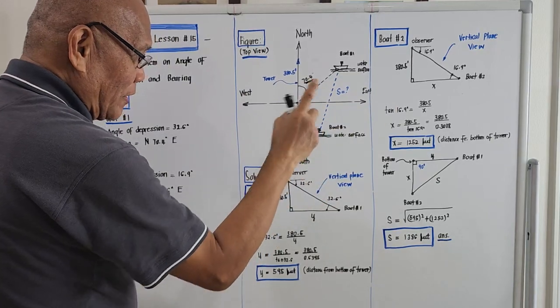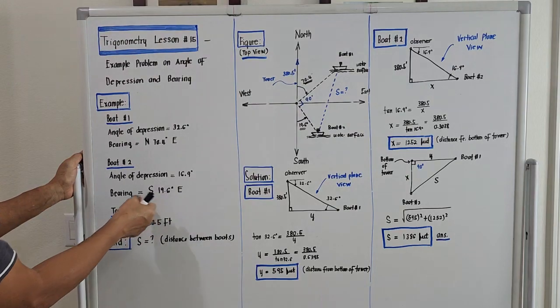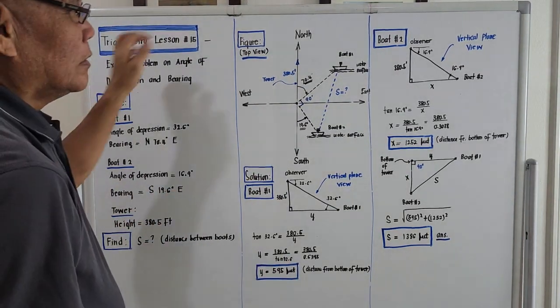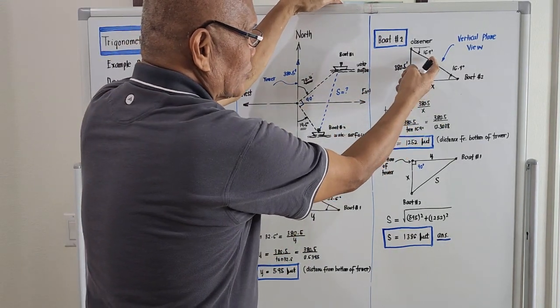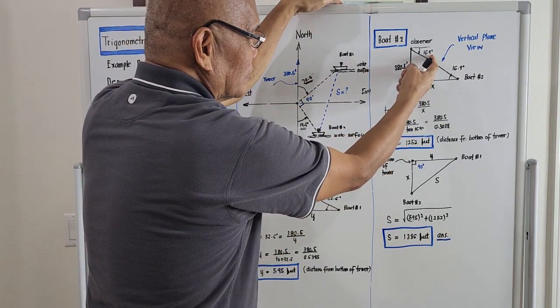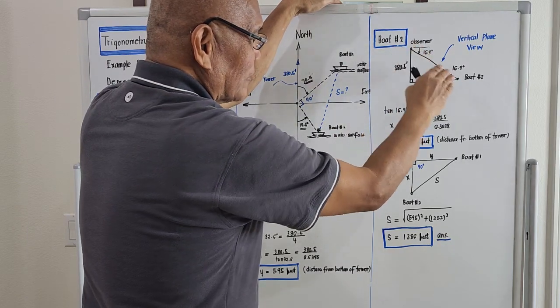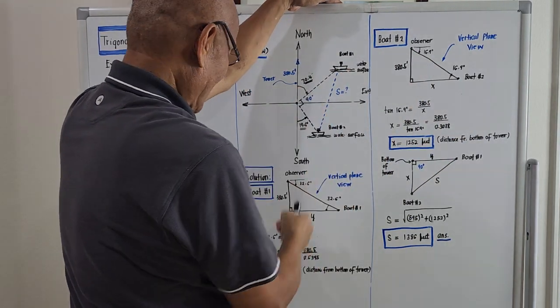I forgot, the angle of depression of boat number 2 is 16.9 degrees. This is the tower, this is boat number 2, the angle of depression of boat number 2 is 16.9 degrees. So it's actually further, you know, the angle is lesser than the 32 point something.